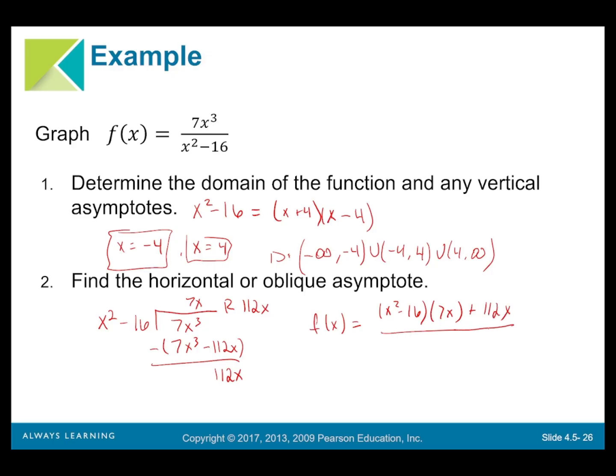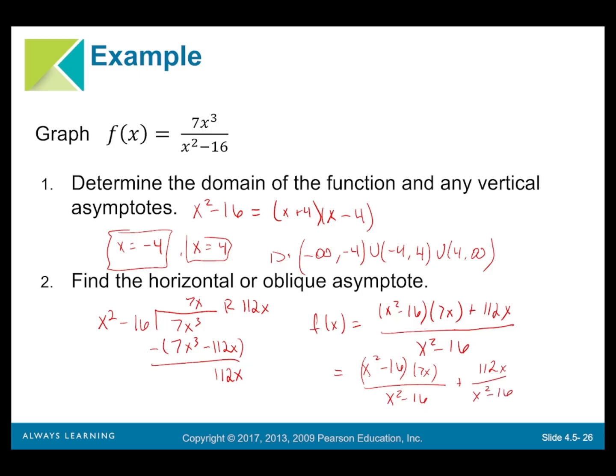And my denominator did not change. Well, now if I distribute my denominator, I'm looking at x squared minus 16 times 7x, plus 112x, all over x squared minus 16.